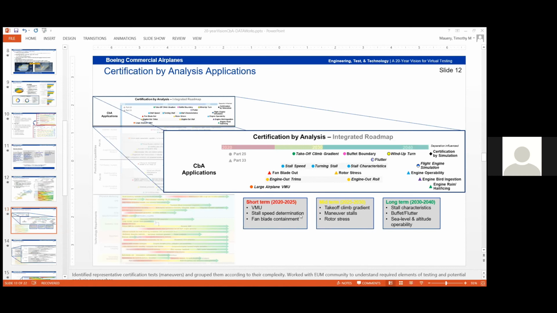In the short term, as we talked with our EUM community, which works with the FAA as far as certification goes, we involved them to understand what the required elements of testing are now and what some potential analysis approaches might be. So there's a short-term, 5-year application, and then there's a mid-term, maybe 10 years out, and then long-term.